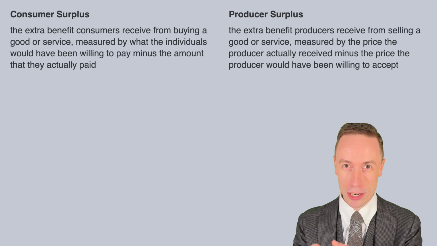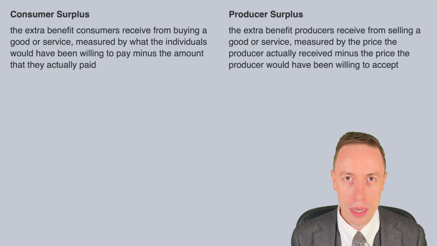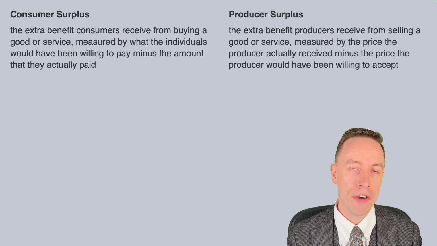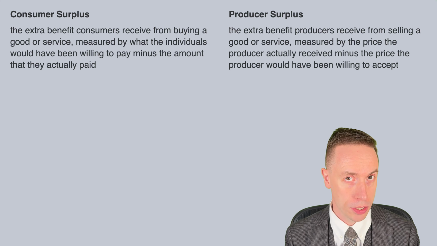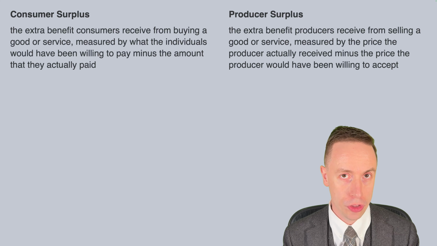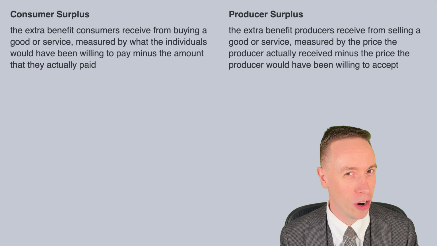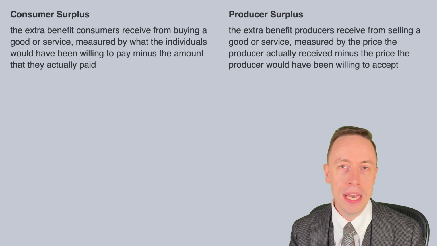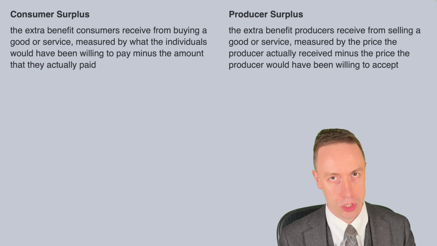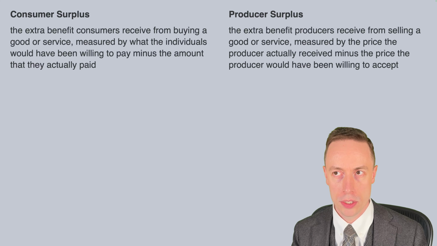So you say, yes, thank you. You do the transaction, and we would now say you have earned $5,000 worth of producer surplus because you have sold a thing for $15,000 that you would have been willing to let go for just $10,000. So these are the general ideas of consumer and producer surplus.